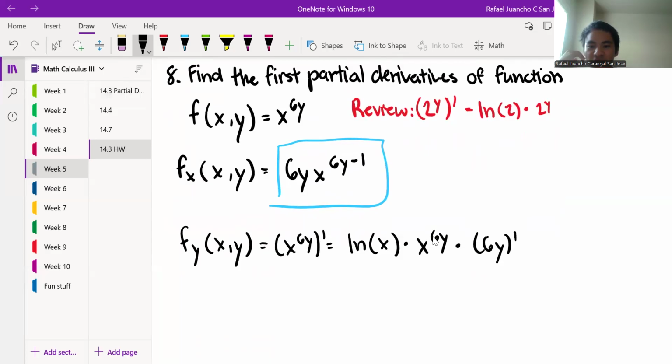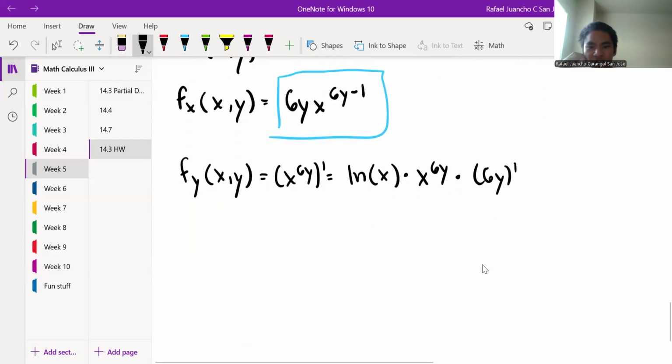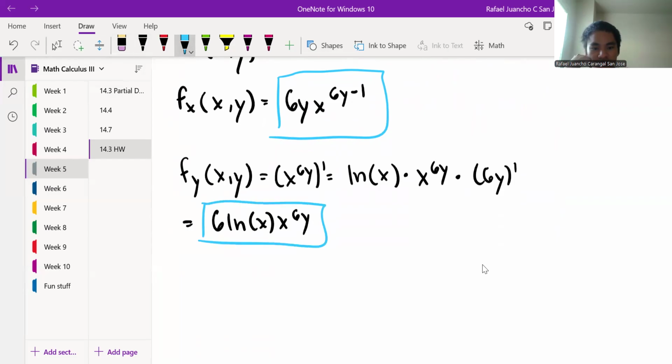So I take the derivative of that, I get 6. So then I would get, I'm just completing my solution here, 6 ln x times x to the 6y. Done. I hope that got it. Yeah, that's just a differentiation technique that I totally forgot how to do. Let me hit submit, see what happens.